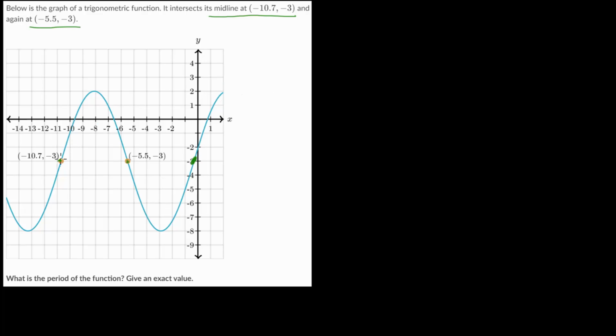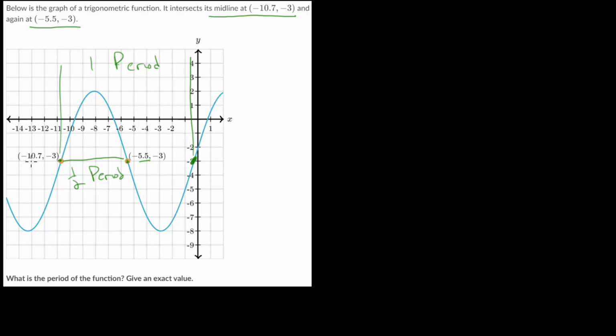So the distance from this midline value to this midline value here would be one period, meaning that the distance between these two consecutive midline values would be half the period. So if we can figure out this horizontal distance here, then we can multiply that by 2 to figure out the period of this function.